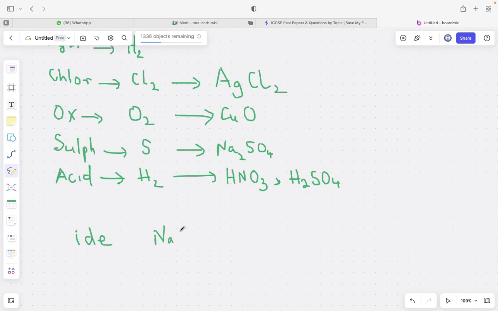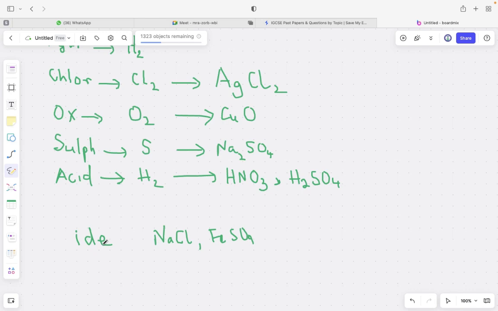Sodium chloride. So you know there is what? Once you see sodium chloride, iron sulfide, you see they end with IDE.